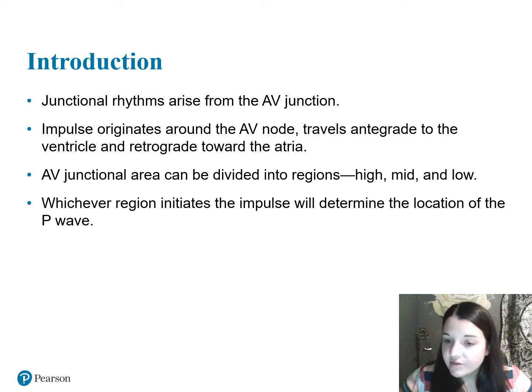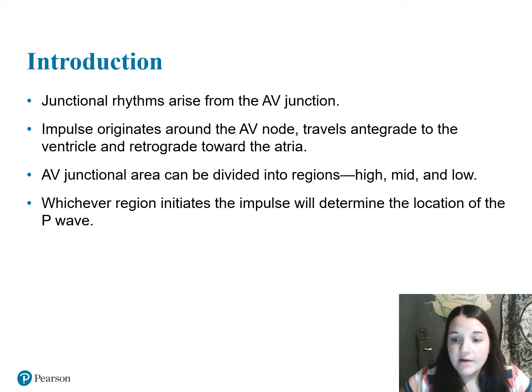So let's just refresh real quick. In chapter 7, we learned about the sinus rhythms, and we learned that all my P waves in the sinus rhythm should be upright, they should be married, and they should be matching. And in chapter 8, your atria rhythms, we learned that our P waves are going to be upright and married, but some of them are not going to match others, meaning they're coming from different irritable foci.